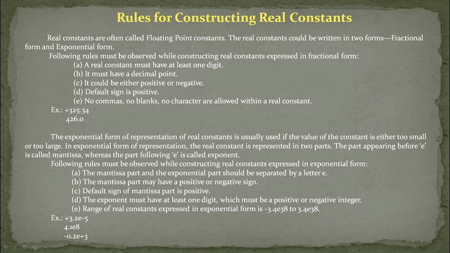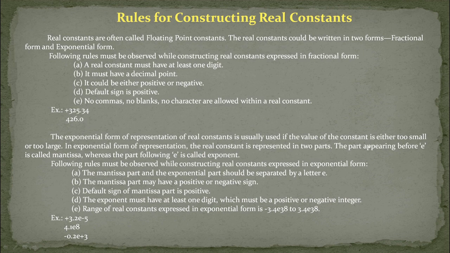The exponential form of representation of a real constant is usually used if the value of the constant is either too small or too large. In exponential form of representation, the real constant is represented in two parts.